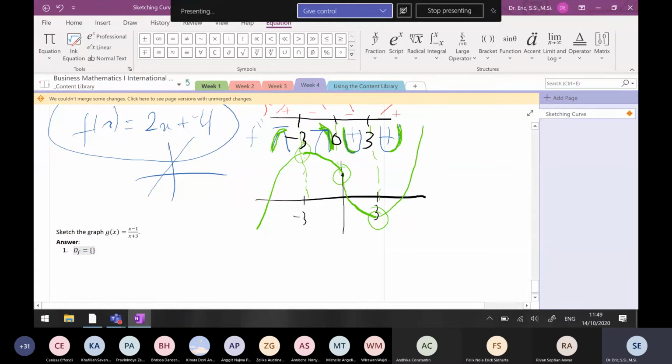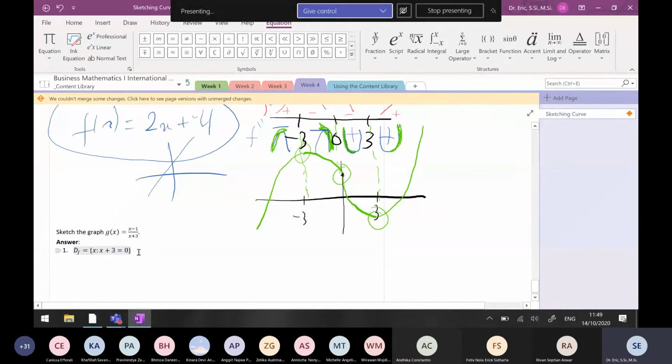This function is all x, but exclude x plus 3 equals 0. Why? Because if this is 0, you have division by 0. And if you have division by 0, the limit will go to plus infinity or minus infinity. It tells you directly that x equals minus 3 is the vertical asymptote.